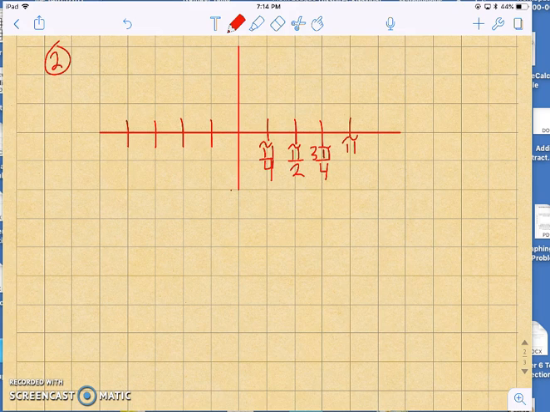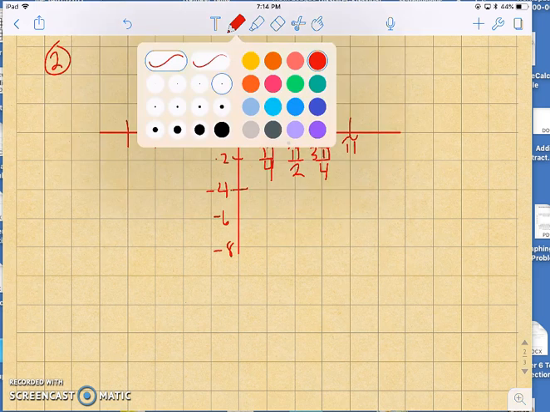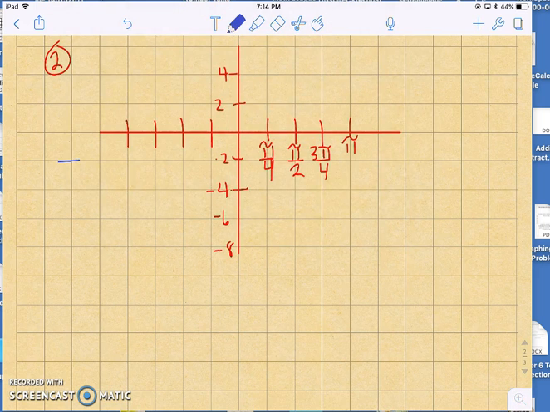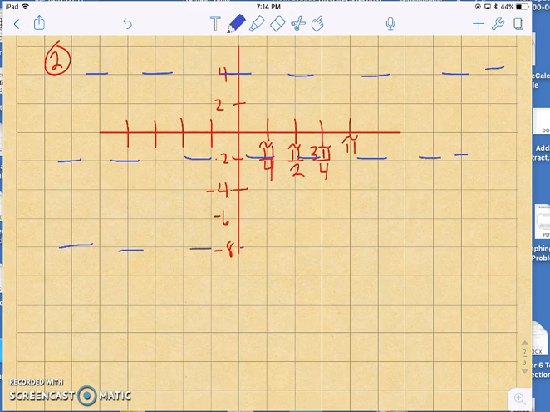Maybe I'll count by 2's. Our midline was moved down 2, so here's our midline, and then our amplitude is 6. If we go up 6, we'd be at a high of 4. If we go down 6, we'd be at a low of -8.